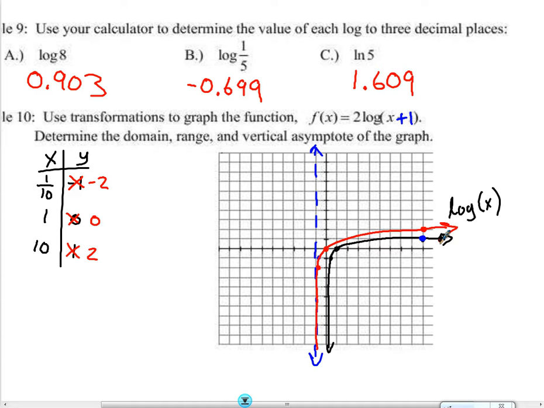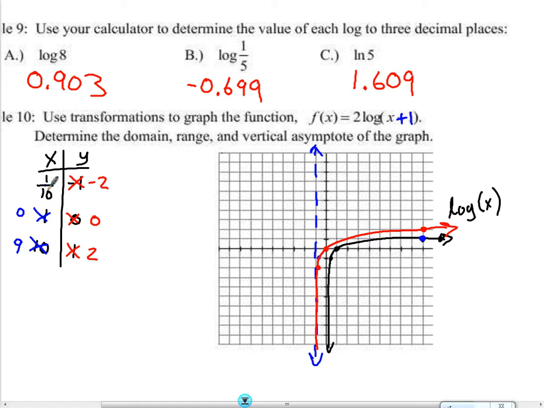Because of the shift, you're right. This would really become 9. This would really become 0. This is causing, this plus 1? Yes. So the points were off, but the graph is right. 1/10 really became what when I took away 1 from it? 1/10 minus 1, negative 9/10.